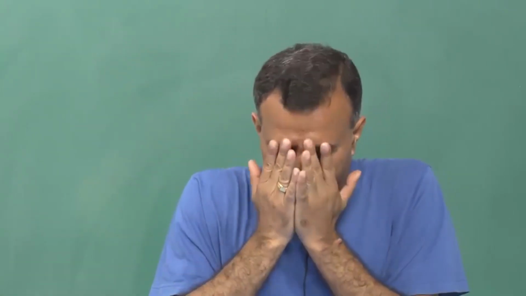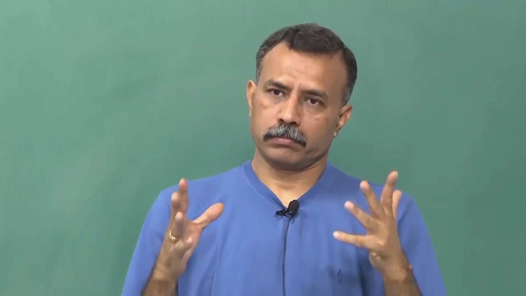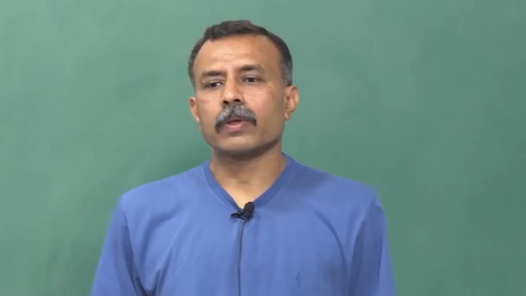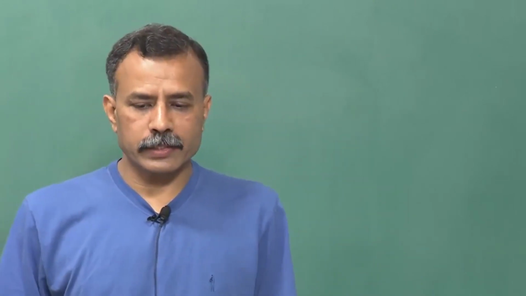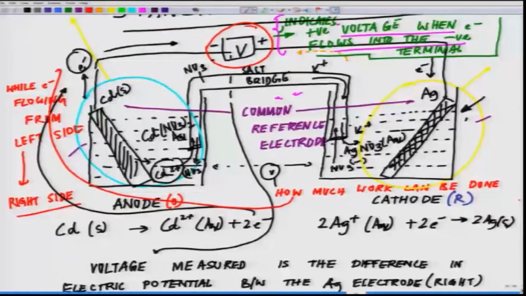Now, think of a situation. We had this cell when we talked about a cadmium and a silver electrode. When we made that cell, we showed that cadmium is getting oxidized and the electron is moving from left to right to the silver electrode to reduce the silver.